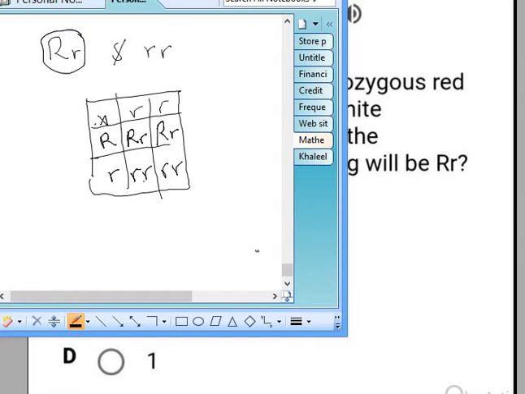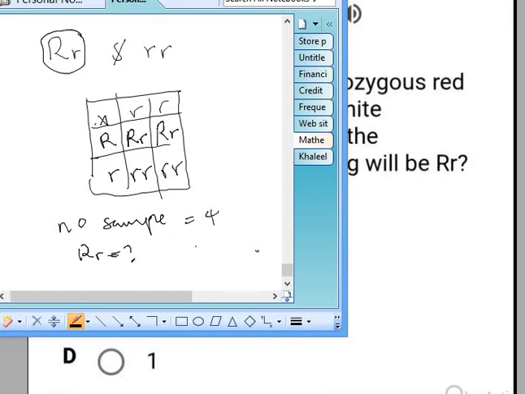We have the sample space, that is the total outcomes, and the number in the sample space is equal to 4. They asked us to find the probability of capital R small r.